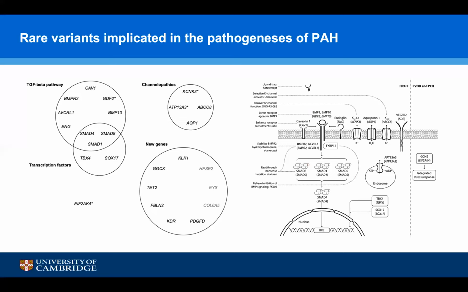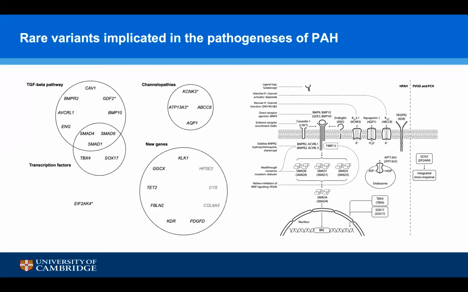So rare PAH can be categorized according to pathways affected or gene functions. And the most important pathway in PAH is the TGF-beta pathway, in which 9 genes have been linked to the disease. Given its central role in PAH, it's not surprising that multiple therapies are trying to either enhance or rescue this pathway.